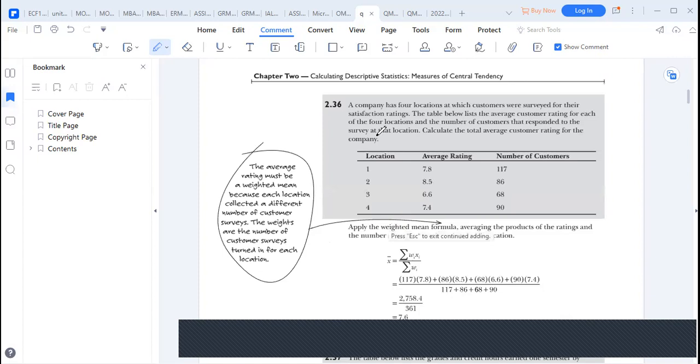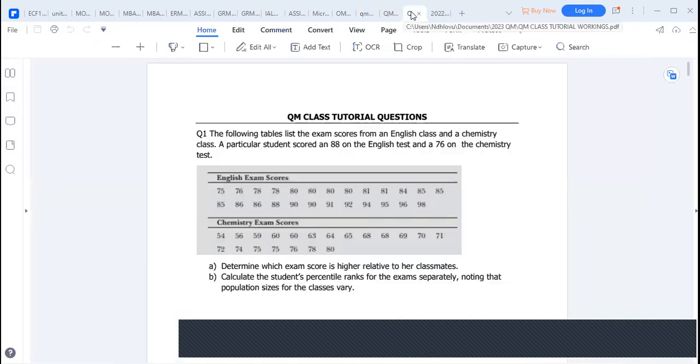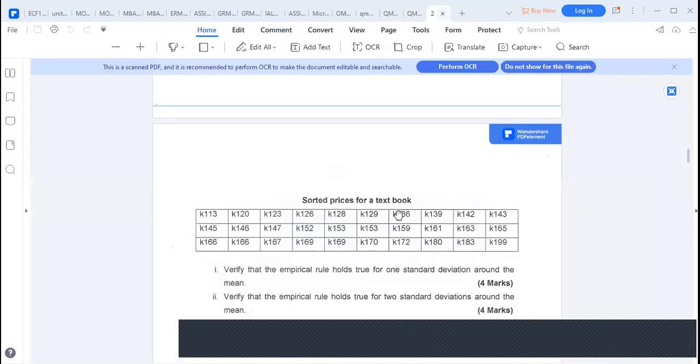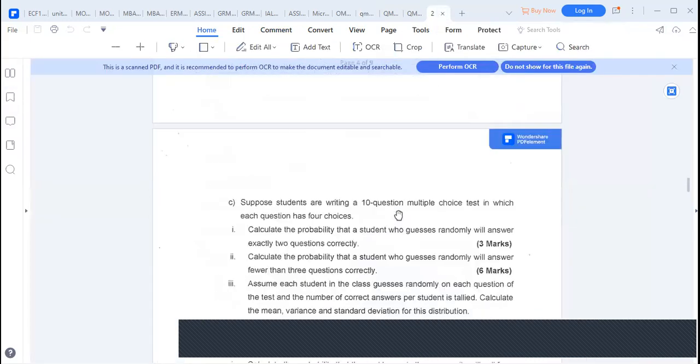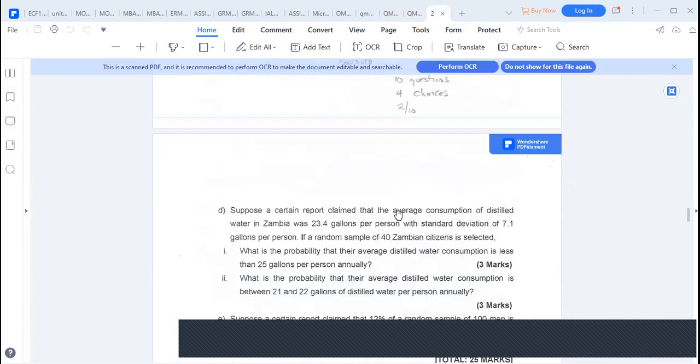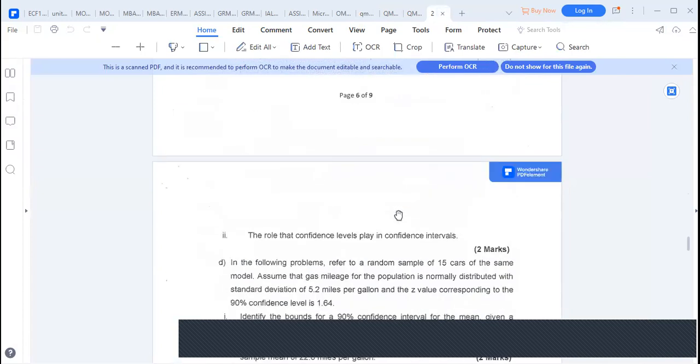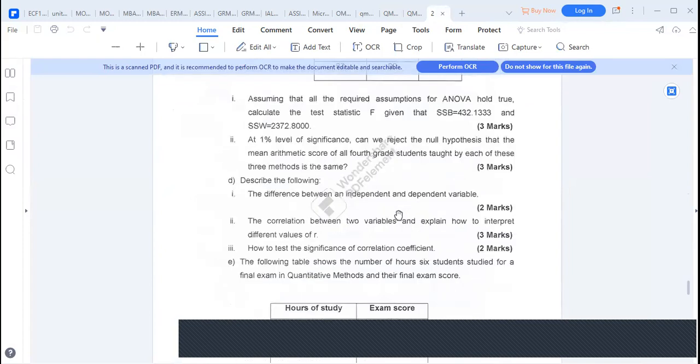Then we are also given a company with 4 locations. I'm sorry, as you are seeing these questions, you've seen them somewhere. These are very familiar questions which you will still see again in your tests and exams. I'm trying to show you that these questions are very familiar. I'm very curious about something.